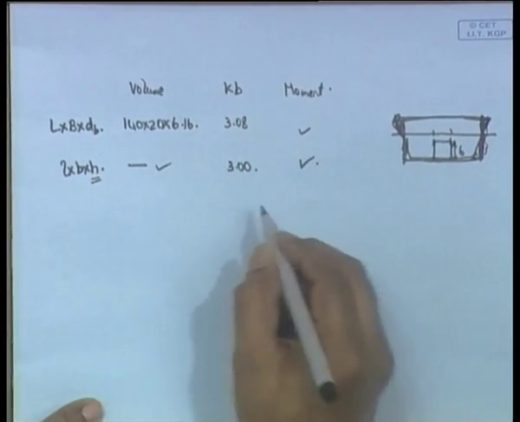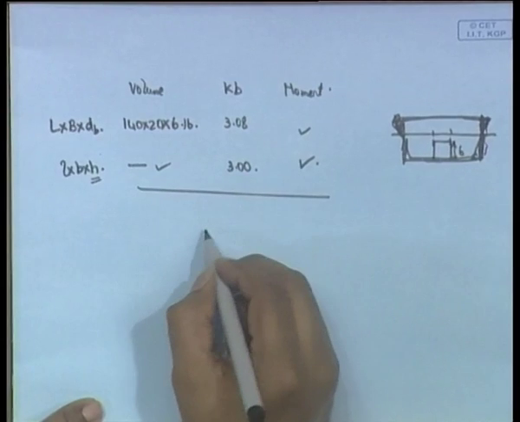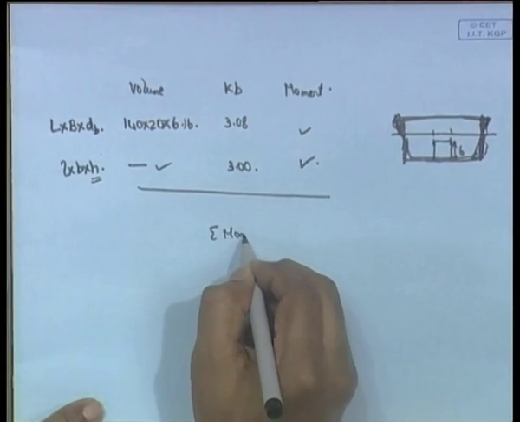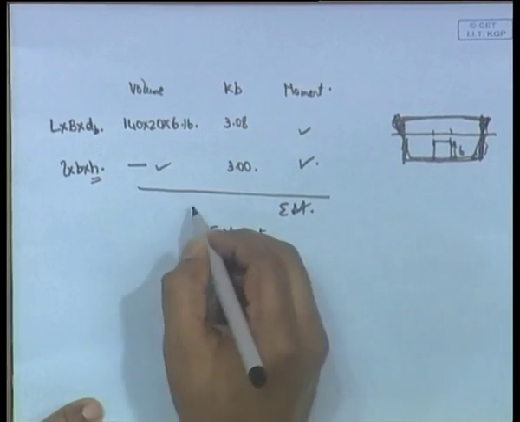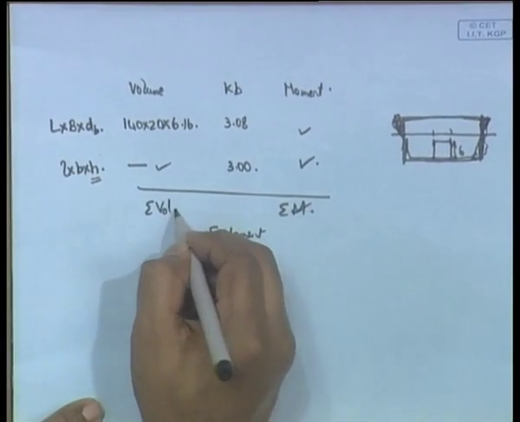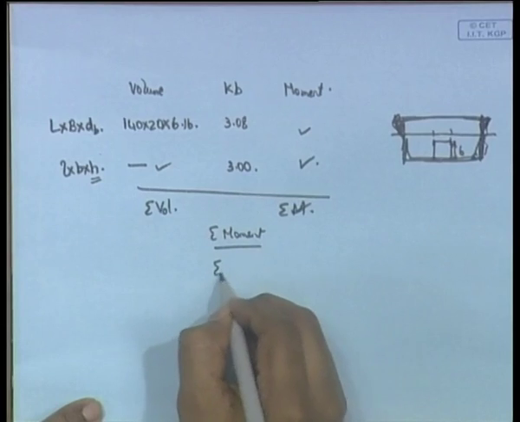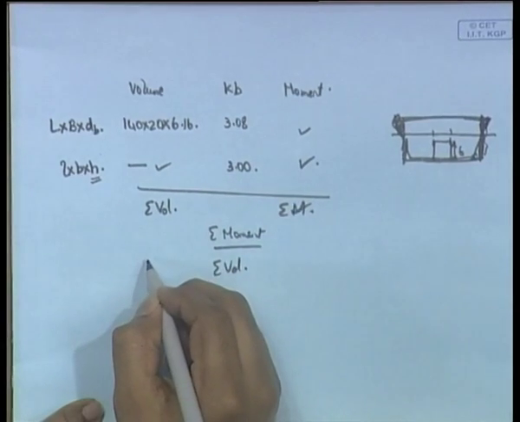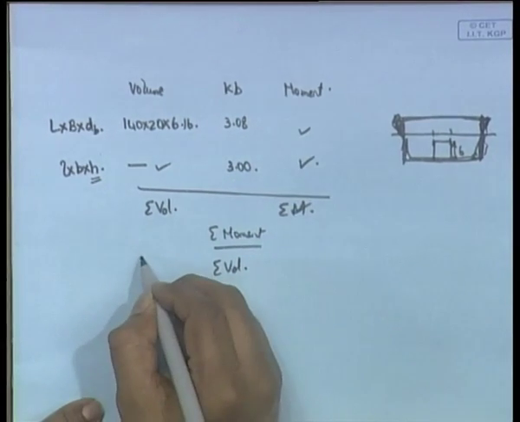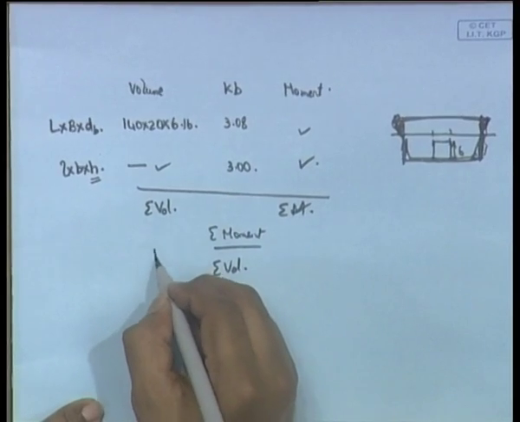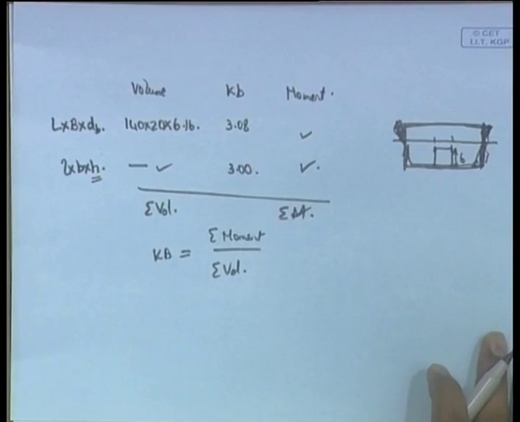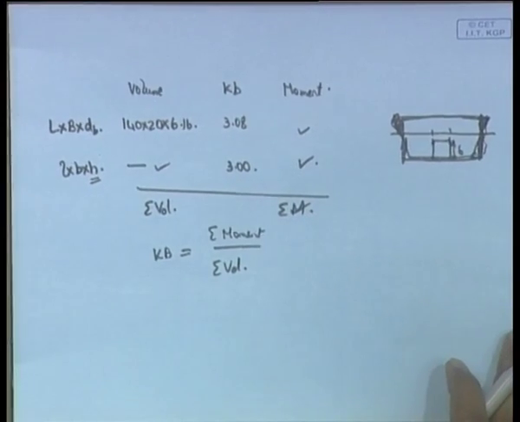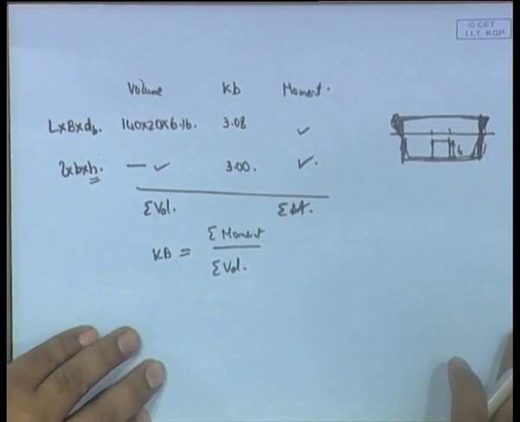Then you find its moment and you do sigma moment divided by sigma volume, which will give you the net KB. This is the total KB of the box shape vessel after the water has entered up to the flat.